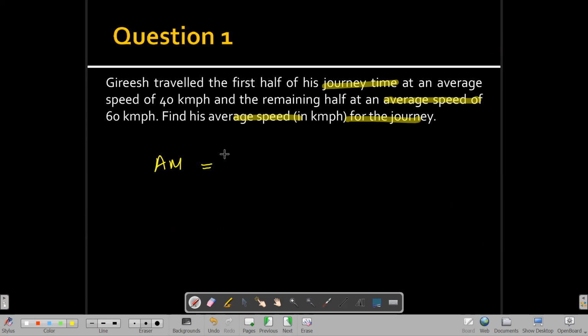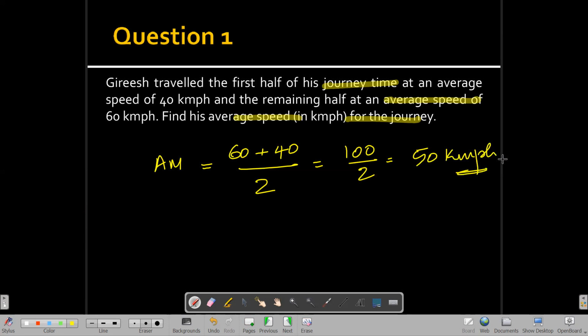Here the arithmetic mean of 60 and 40 is 60 plus 40 by 2, that is equal to 100 by 2, and you can straight away write it as 50 kilometers per hour. But you can take the arithmetic mean when the time factor remains the same for the first half and also for the second half as indicated in the question.